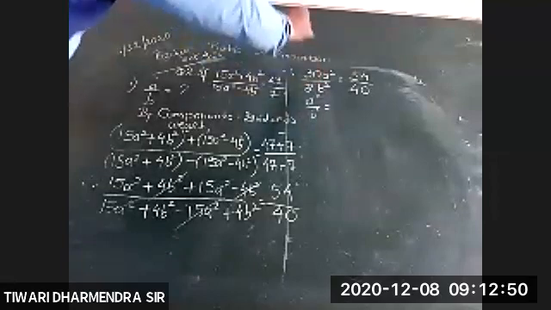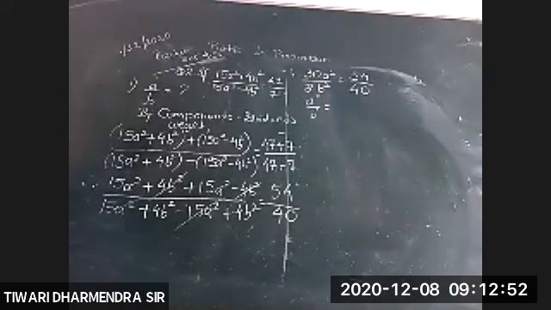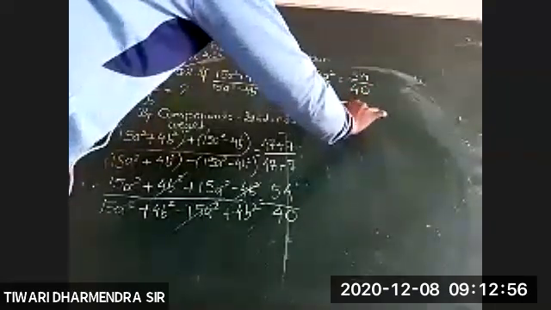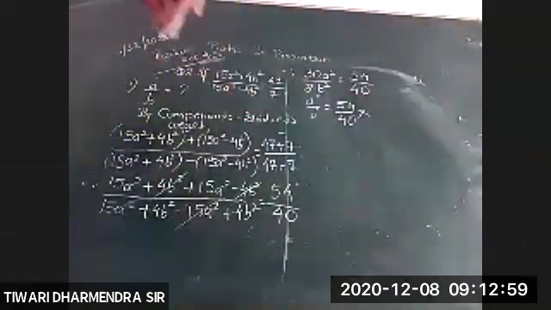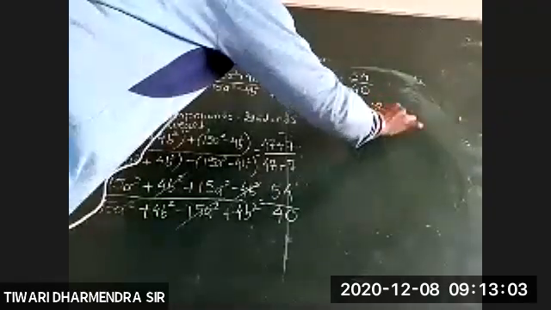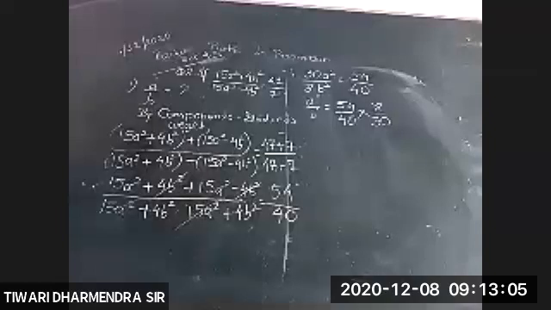And the number in the form of multiplication will take the form of division. So 54 upon 40 into 8 by 30. Hope you have understood this.